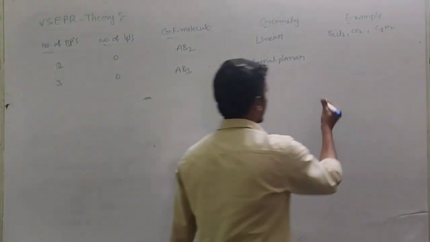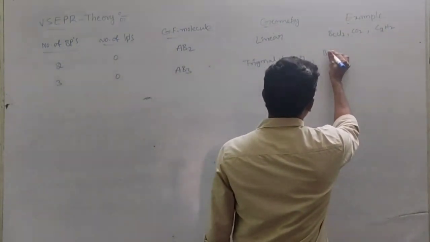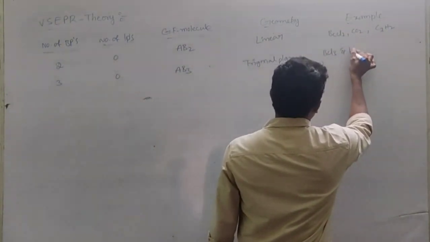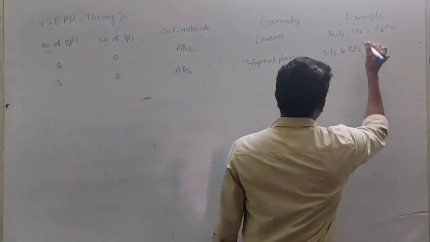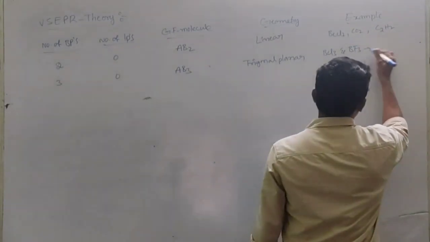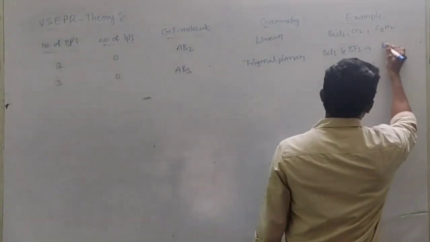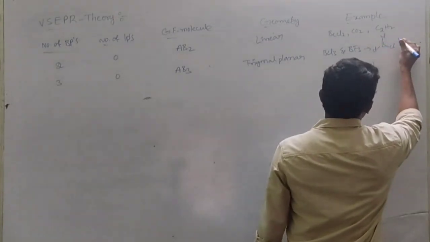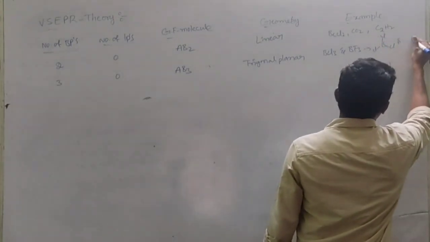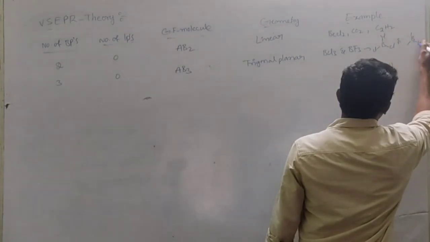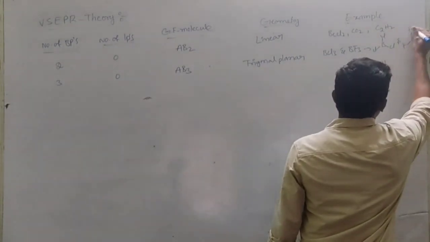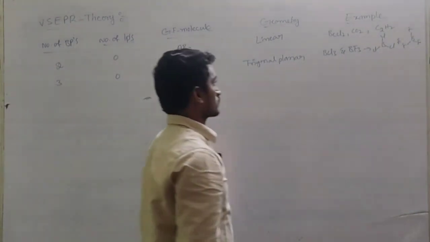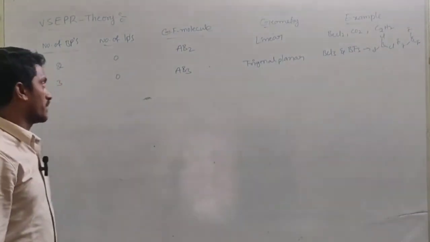Examples for this are boron trichloride and boron trifluoride. So this is the structure of the boron trichloride and boron trifluoride. This is trigonal planar.